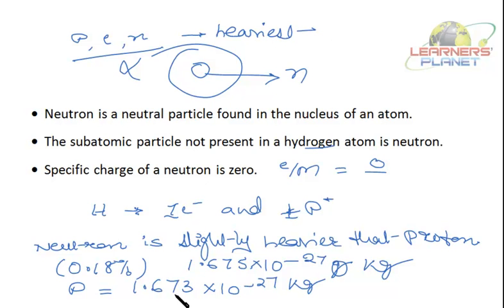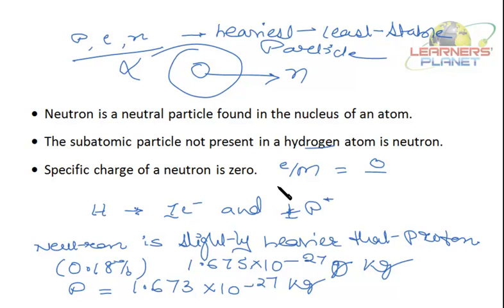See, proton is heavier than electron, and neutron is about 0.18% heavier than the proton. So neutron is the heaviest and the least stable particle. It is present in the nucleus. It is absent in the nucleus of the hydrogen atom.